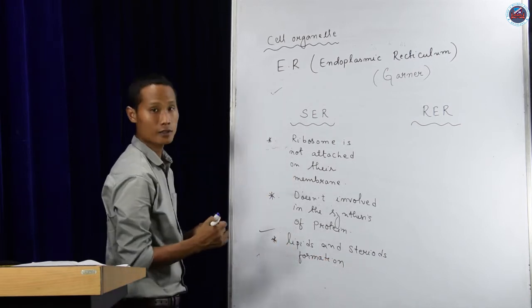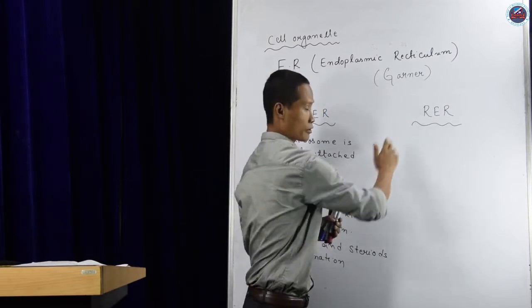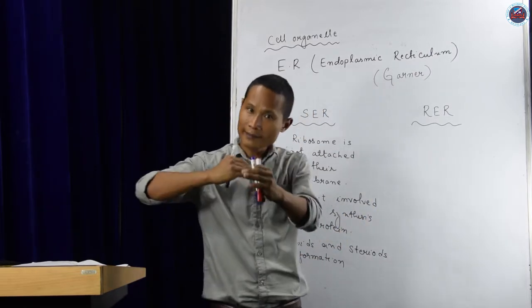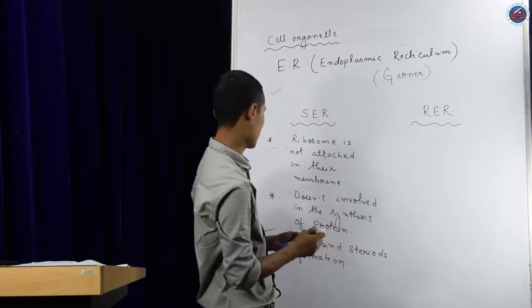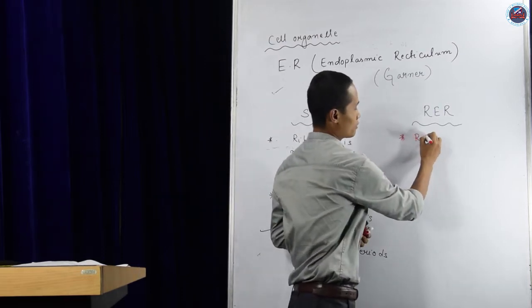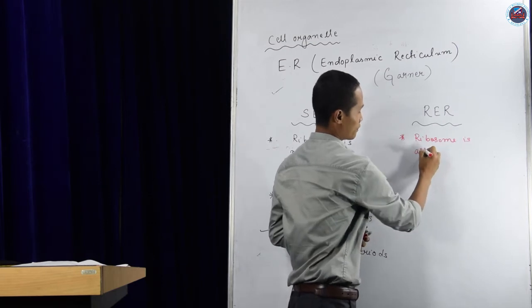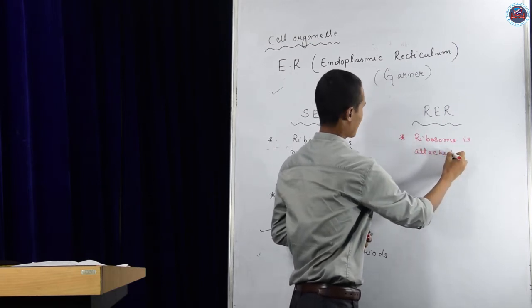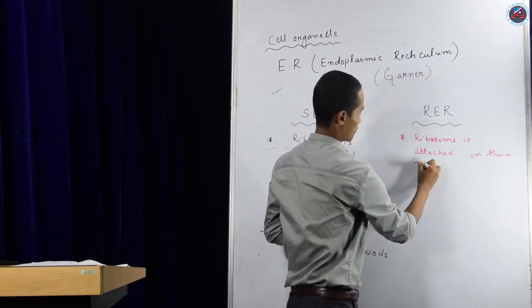It's very important. Now, in the case of rough endoplasmic reticulum, in their membrane you will find ribosomes attached.